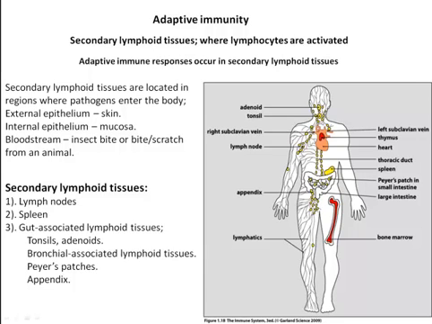So antigens can be trapped as they're carried and filtered in these specialized secondary lymphoid tissues, and also antigen-presenting cells from the site of infection can migrate and enter a secondary lymphoid tissue.